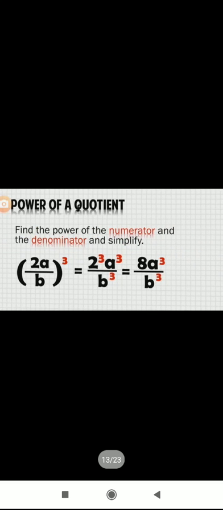So for simplifying it, we will take the power 3 to each number in the quotient, the numerator and the denominator. So 2 raised to the power 3, a raised to the power 3 divided by b raised to the power 3. So it will become 8a cube divided by b cube.